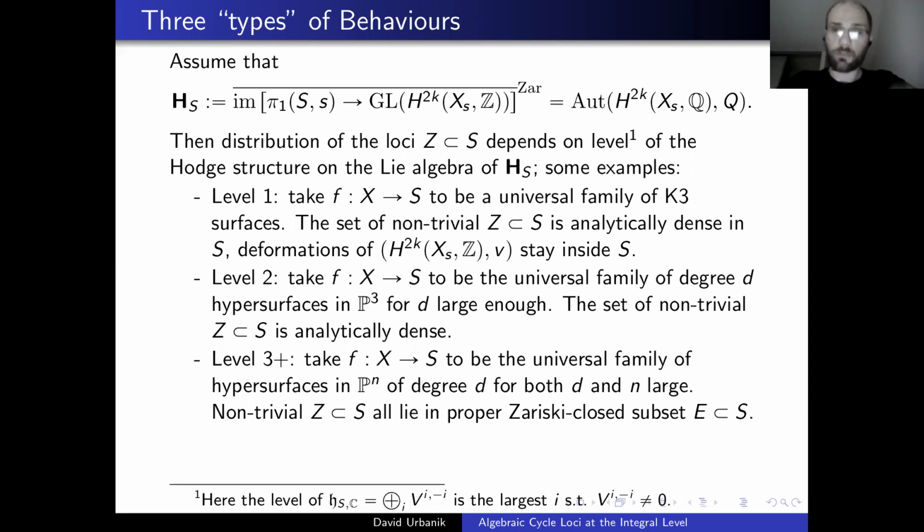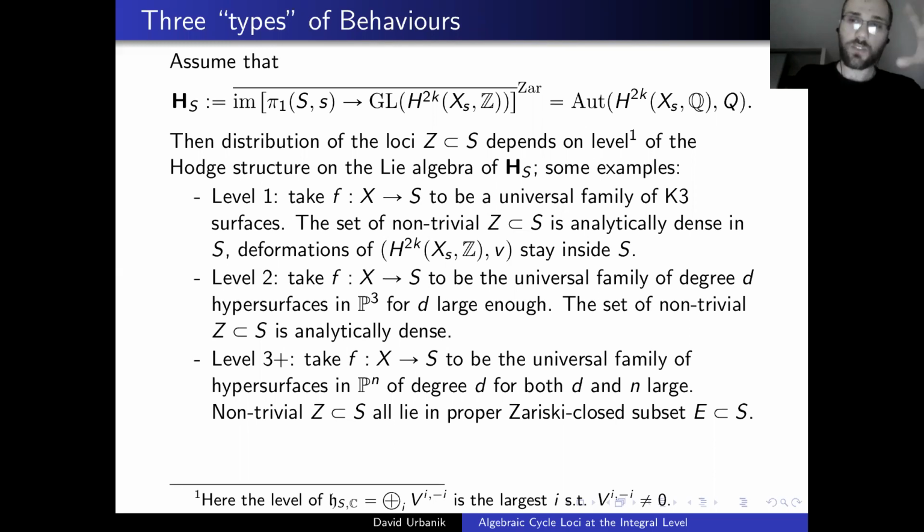There are finitely many proper algebraic loci in which they all lie. An example of this kind of phenomenon is hypersurfaces in Pn, where you take both D and N to be sufficiently large. And by universal, I mean you just write down the general equation of a hypersurface. Okay, so these are the three kinds of things that can happen.